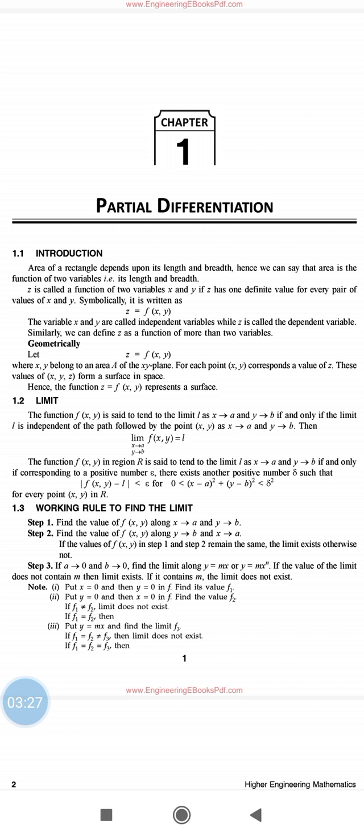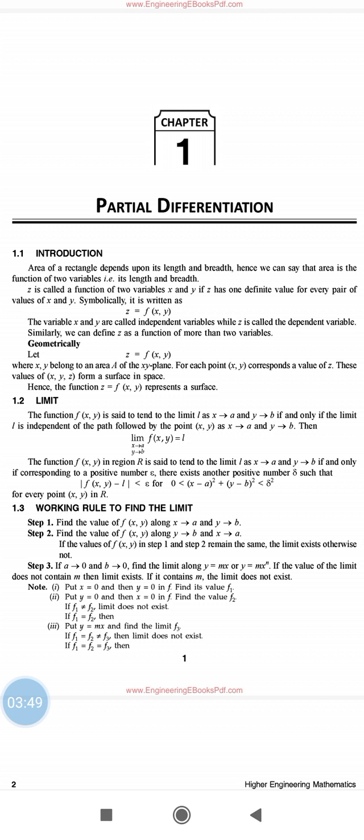That is an open disk centered at A, B with radius delta. Then modulus of f of x, y minus L is less than epsilon for every x, y in R. As x, y approaches A, B, f of x, y approaches the value L.